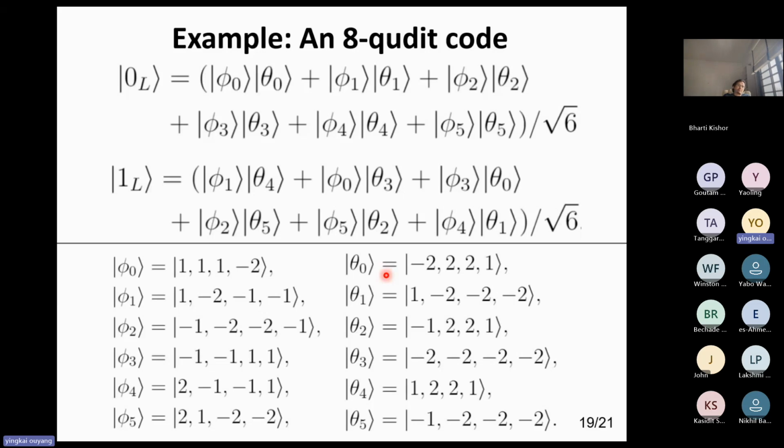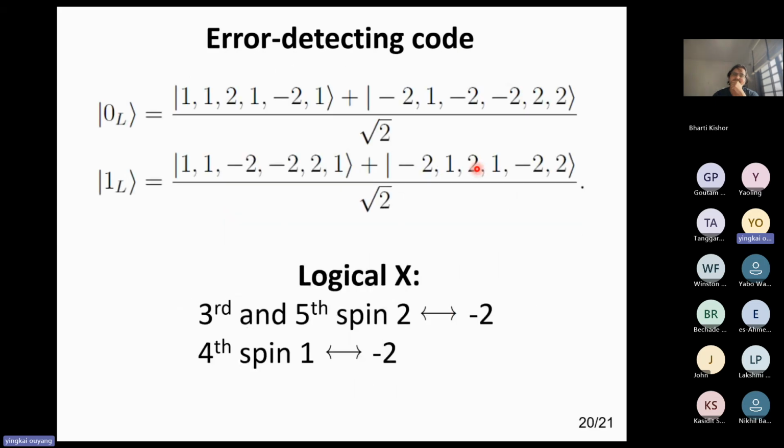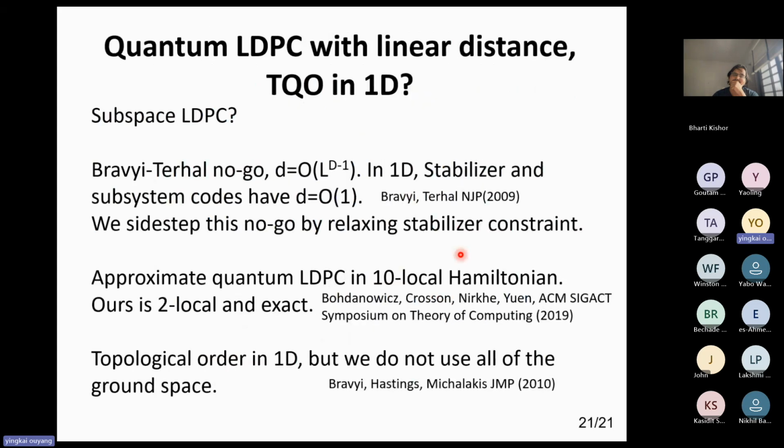Eventually I got this 8-qubit code by playing around, and it satisfies the distance condition and has nice properties, and because of these nice properties, it has some nice logical gates as well. For example, to do a logical X, you just need to do these simple operations over here. Yeah, and that's it.